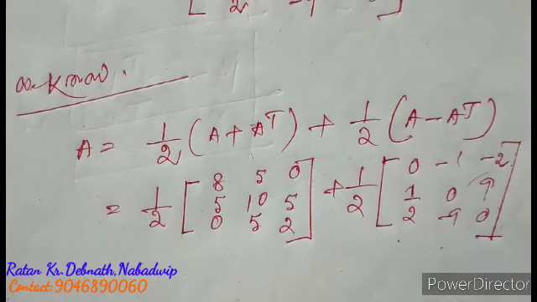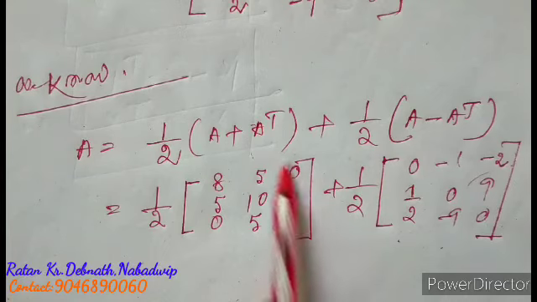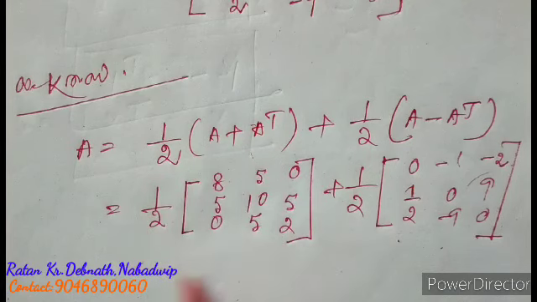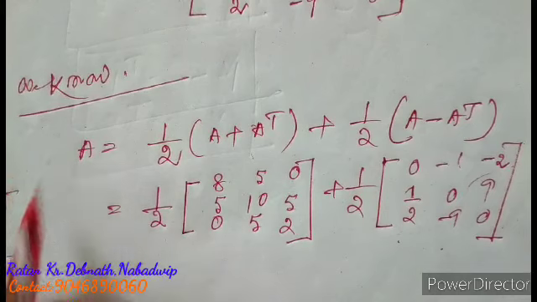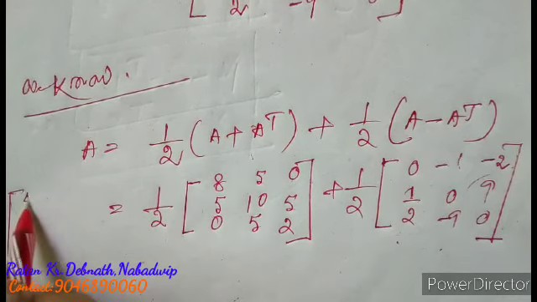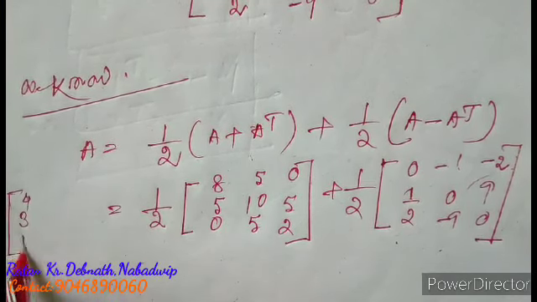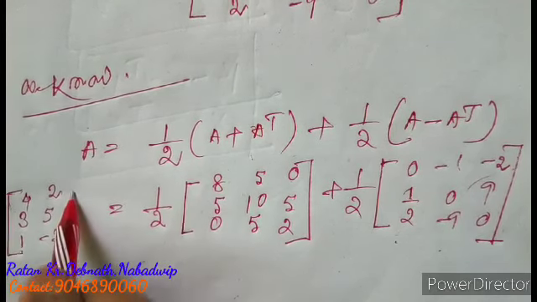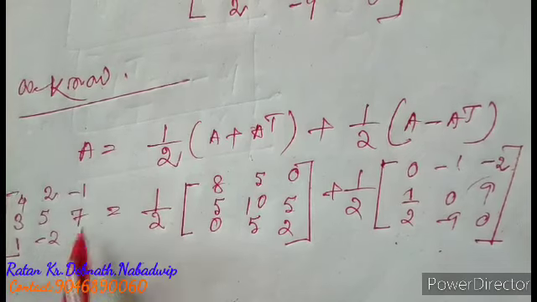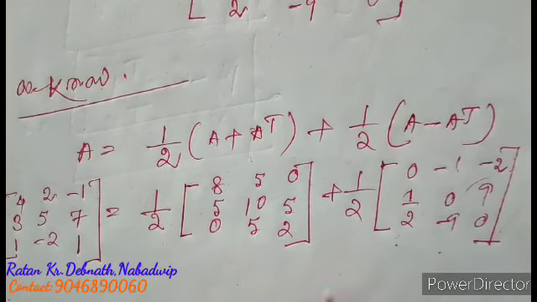Look carefully, we have already expressed the matrix A into two matrices, one of which is symmetric and the other is skew symmetric. That is 4, 3, 1; 2, 5, minus 2; minus 1, 7, 1 equals this one.